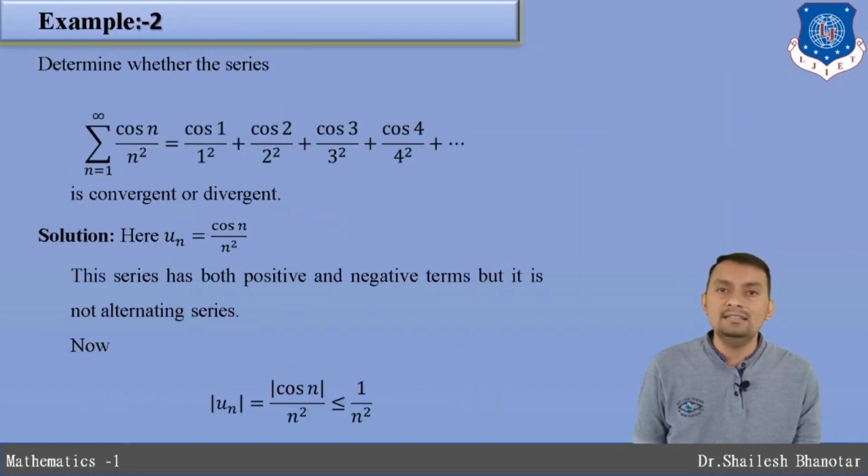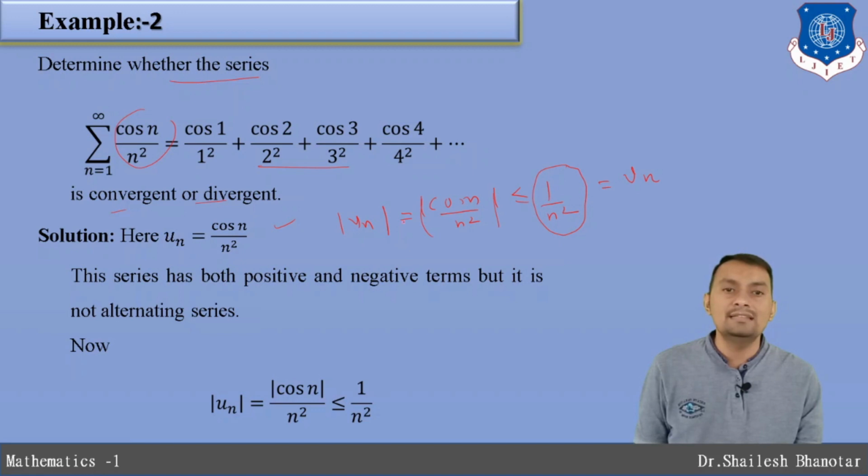This is another question. Determine whether the series cosine n divided by n square is convergent or divergent. Here it is clear that the cos function is bounded by 1. When we take its absolute value, we can say that this is less than or equal to 1 divided by n square, and this is un. Let this be vn.